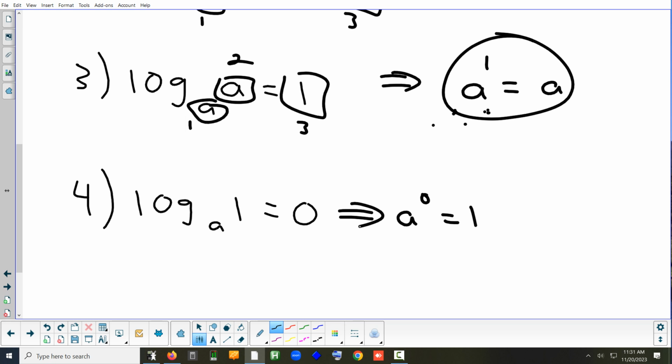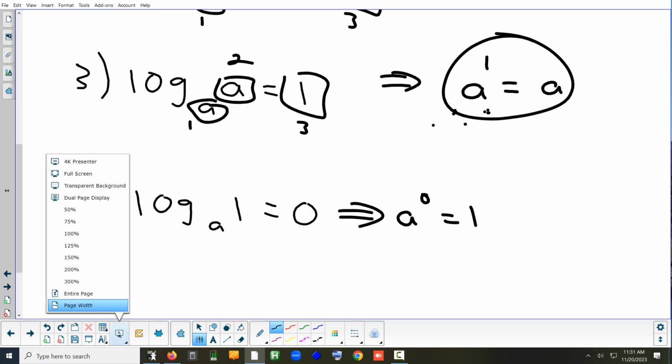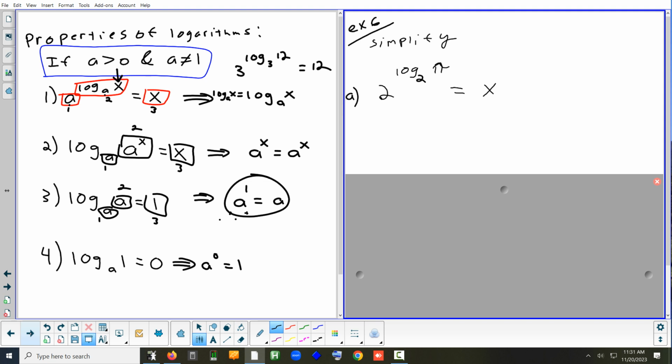So those are just a few simple properties that when they pop up with logs, we can simplify it quickly. So let me keep those up, and we'll try a few examples. Now, we're not going to go through the reason why every time we do a problem. We're just going to use the property. So the first one, which property does that one look like, out of properties 1 through 4?